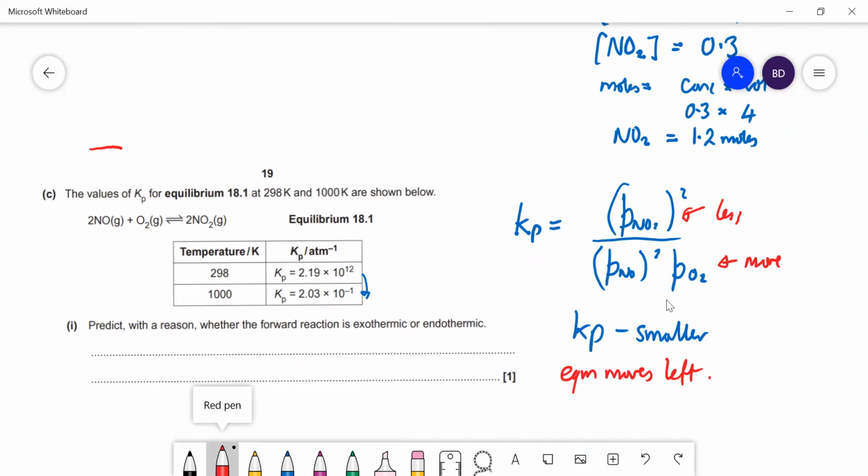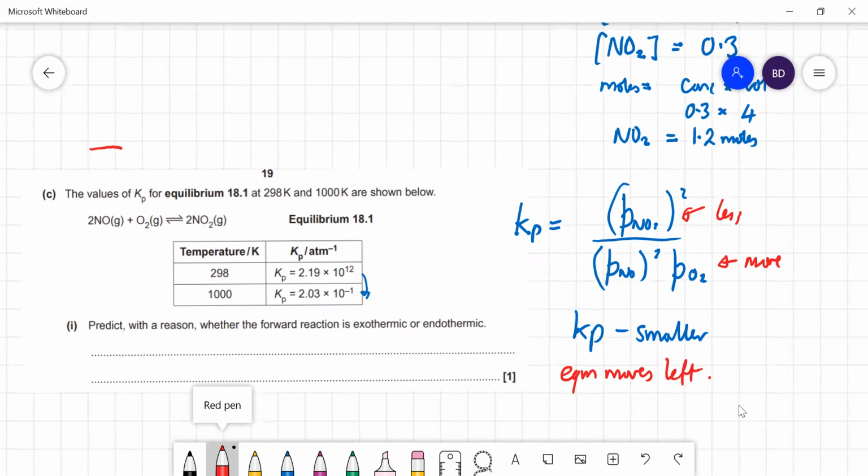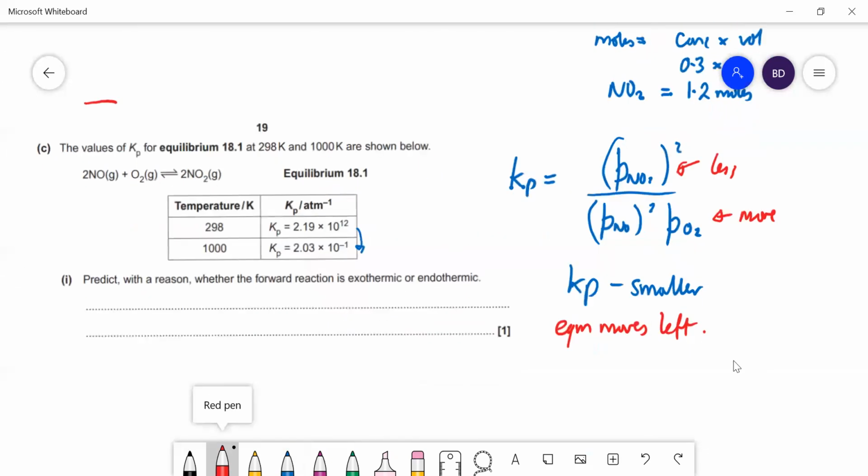Now, that means the backward reaction must be exothermic. Sorry, let's see, when we increase the temperature the equilibrium goes that way.